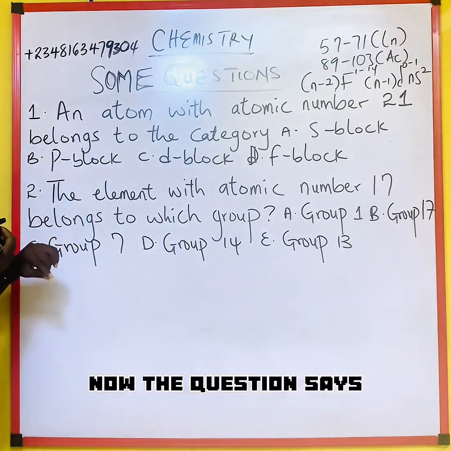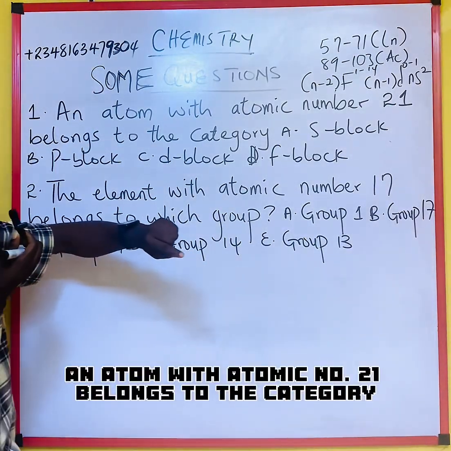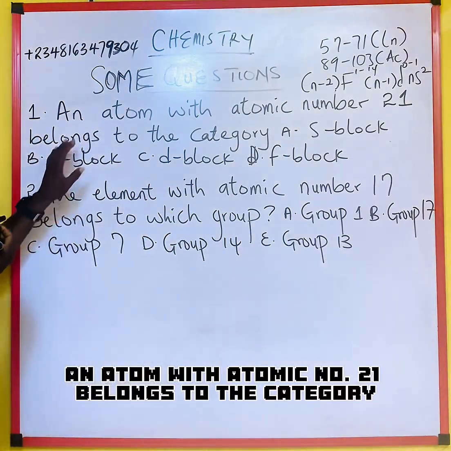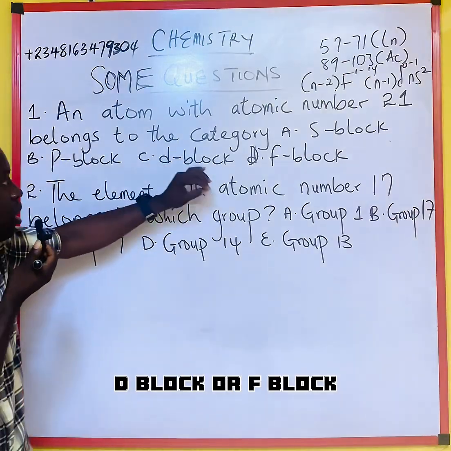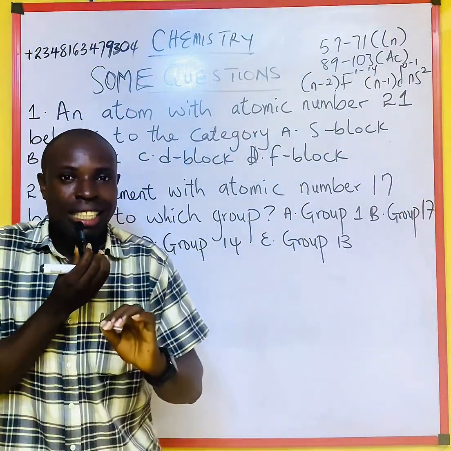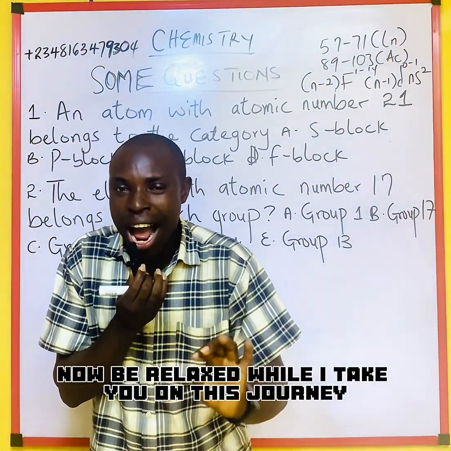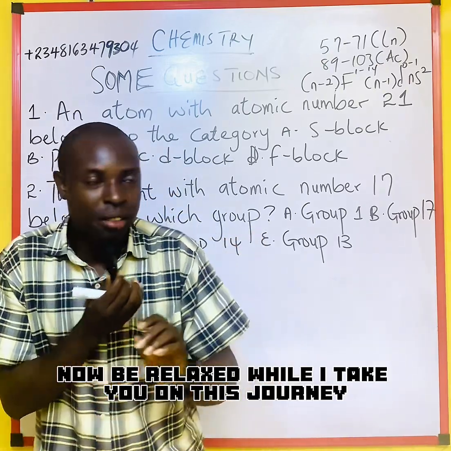Now, the question says, an atom with atomic number 21 belongs to the category, is it an S block, P block, D block, or F block? Be relaxed while I take you on this journey.